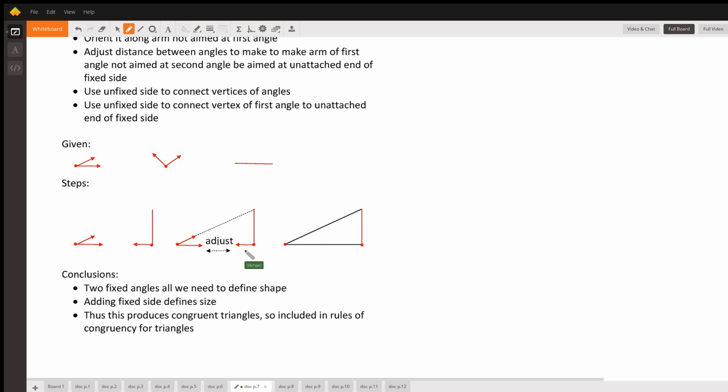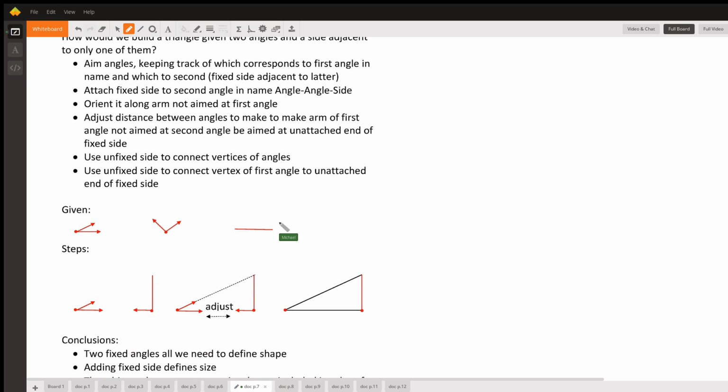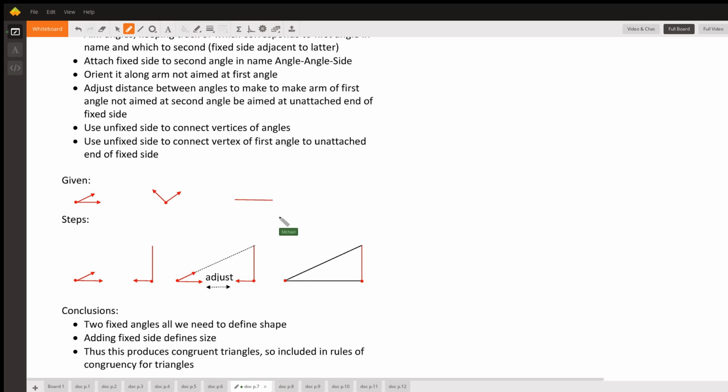So once again, 2 fixed angles, 1 fixed side. The side is enough to define the size. The 2 fixed angles are enough to define the shape. So this makes the list also. Angle, angle, side is one of the rules that's accepted as proving congruency.